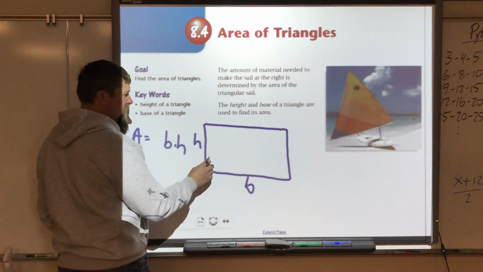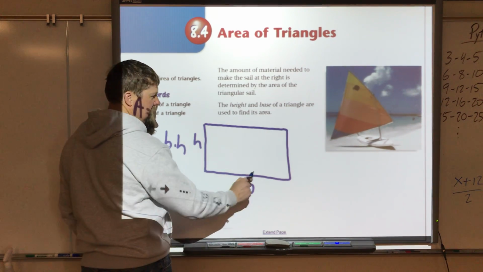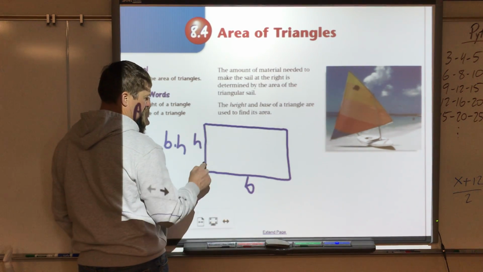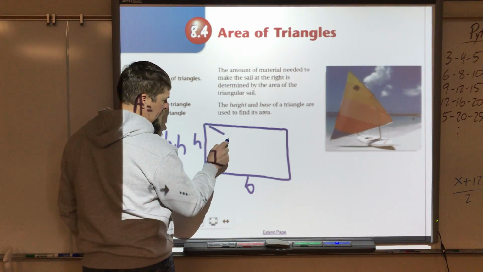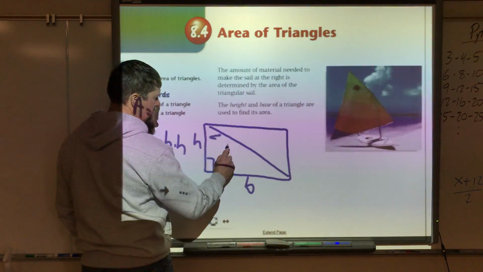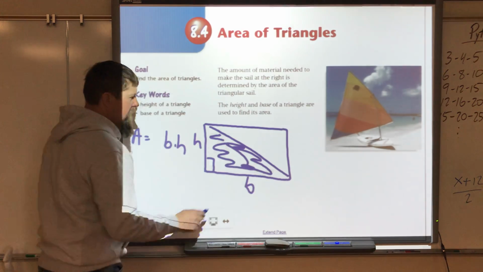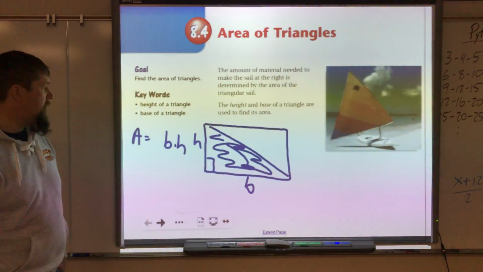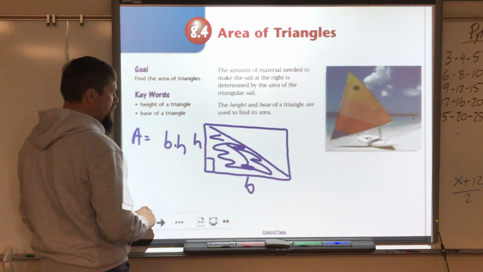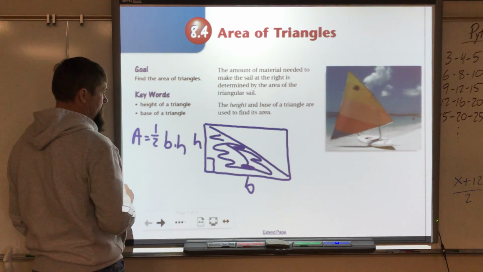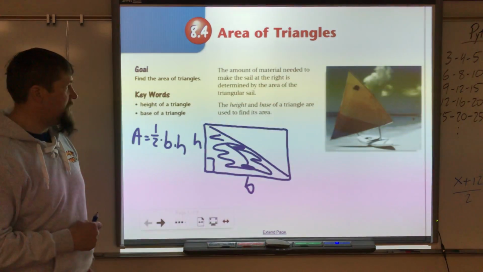Now, a triangle with the same height and the same base is half as much. So the area of a triangle is 1/2 base times height.